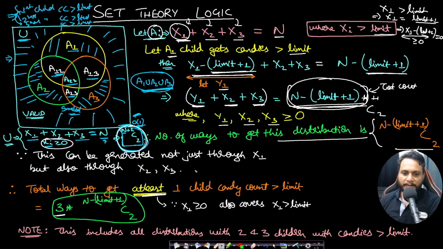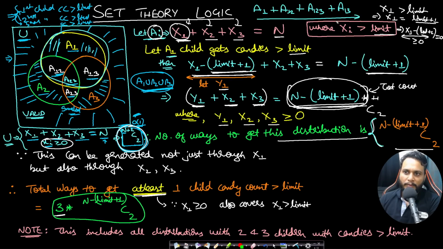Now if you look at what we actually did for this a1 here, what did we calculate? When we calculate this value for a1, it is calculating this entire circle, not just this part. Within this circle we have a1 plus a12 plus a123 plus a13. All these will be counted with this formulation.